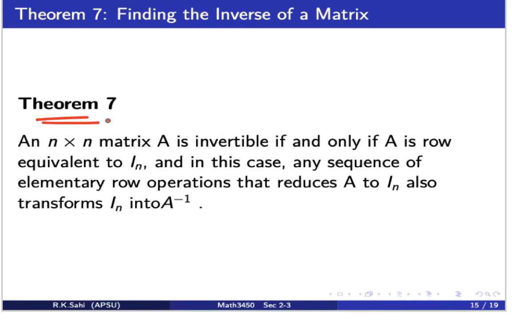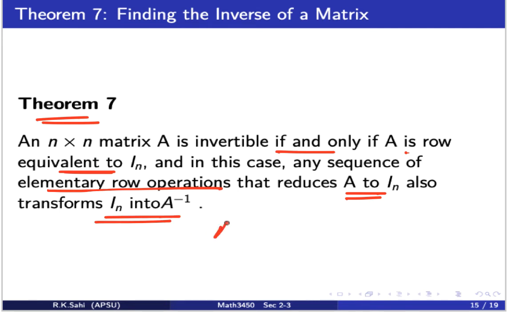So Theorem 7, a powerful theorem, says a matrix A is invertible if and only if A is row equivalent to the identity. In this case, when you apply a sequence of row operations, it will reduce A to the identity, and the identity transforms into the inverse of that matrix.